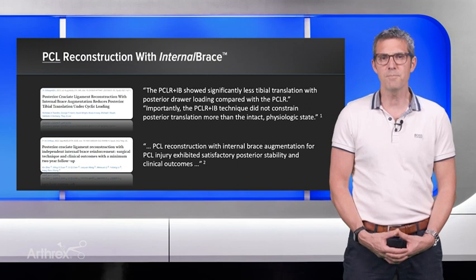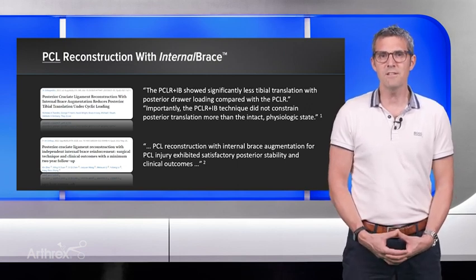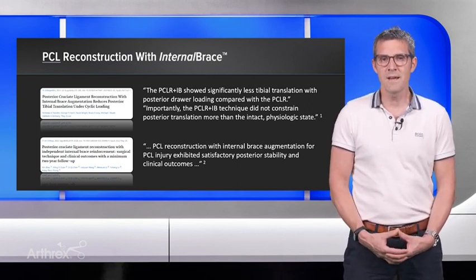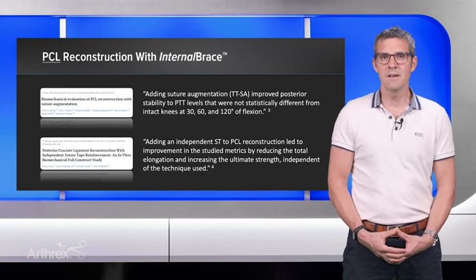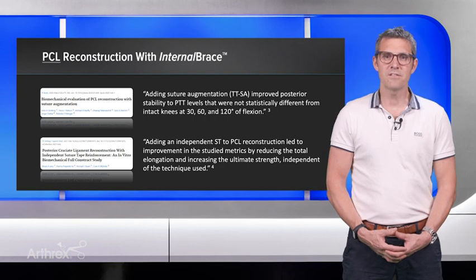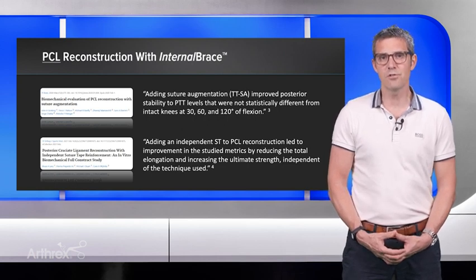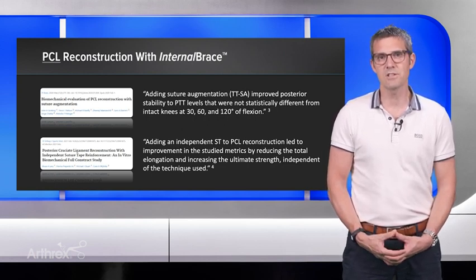But I think we could be a little bit more aggressive if we use an internal brace, and I have the experience that I have a better result and a lower tibial translation after using internal brace in PCL reconstruction.